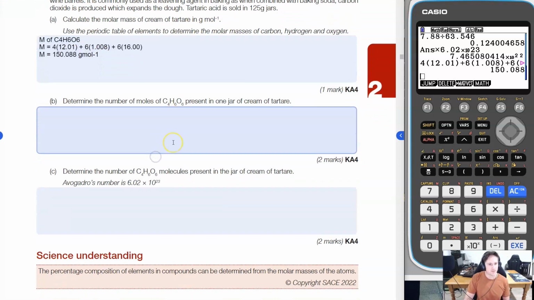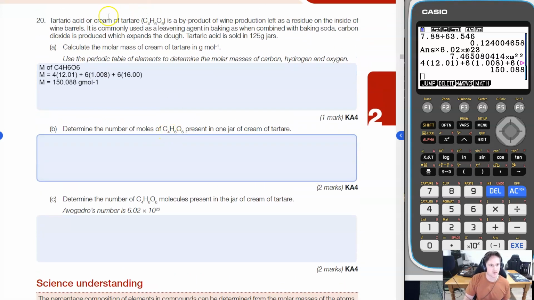Yep, done. Determine the number of moles of the cream of tartar present in 1 jar of the cream of tartar. Okay, so the number of moles is equal to mass divided by molar mass. And now if you're wondering how I know that, that formula is given to you, okay? So you look it up, look at your notes. You don't have to remember it, but obviously with a bit of practice, you will remember it. So the mass in this instance is the 125 grams because there's that much in a jar.